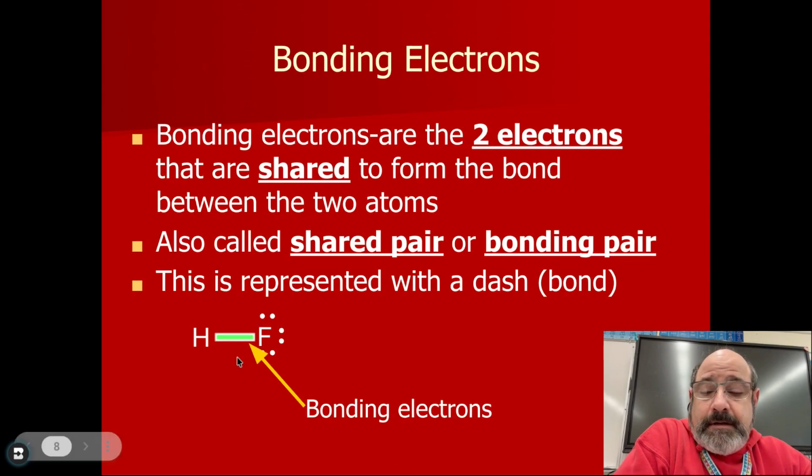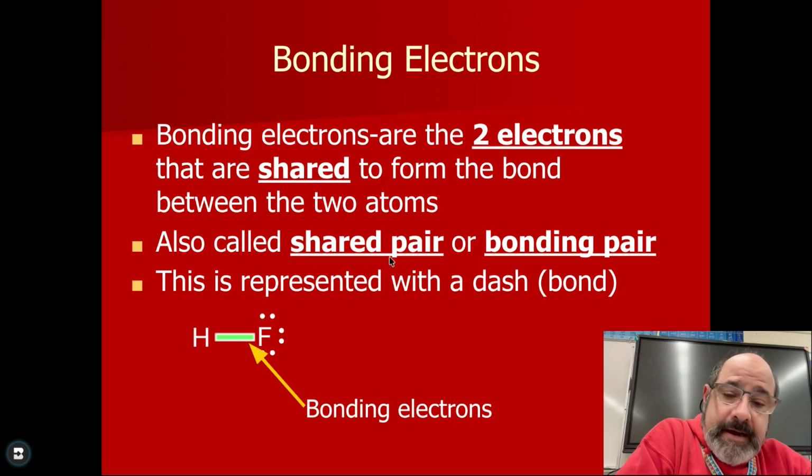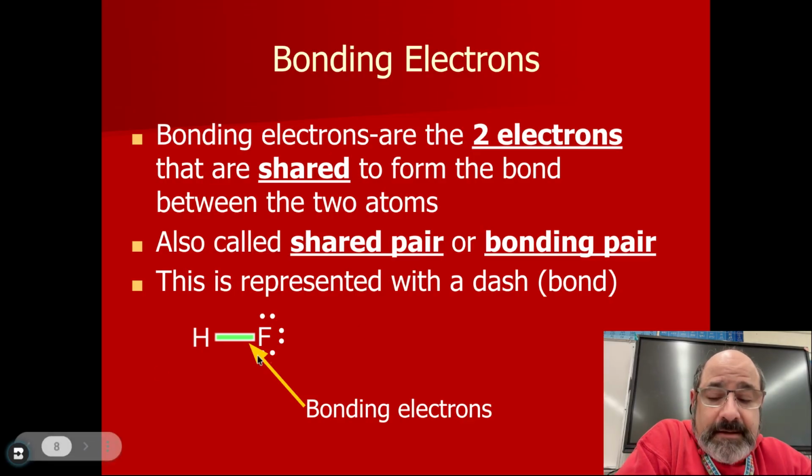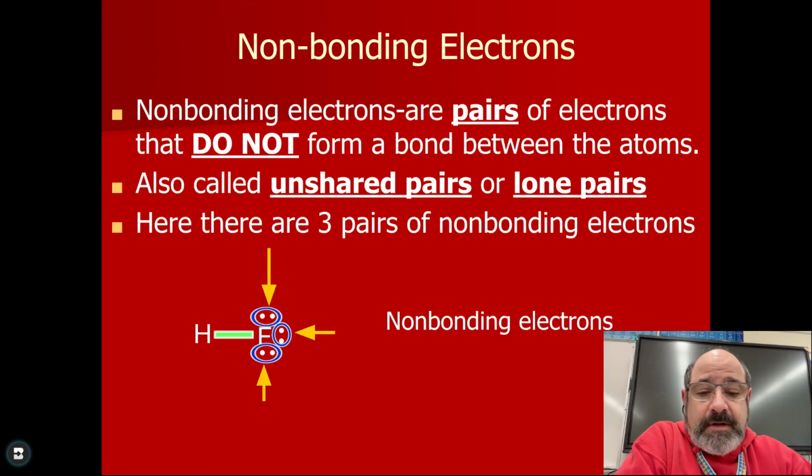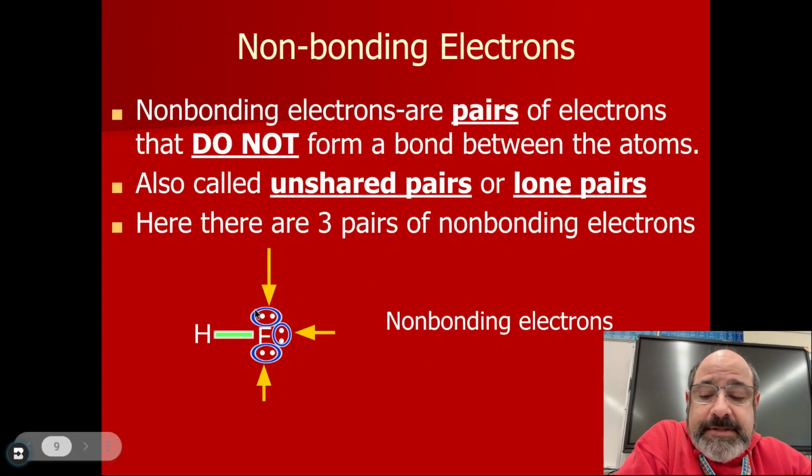Okay, so once again, that line is a bonding pair of electrons. So there's 2, they're shared, so we can call them a shared pair, a bonding pair, a bonding domain. It's the same thing. It's 2 electrons being shared, which is a little different than the non-bonding electrons, which are these on the outside.